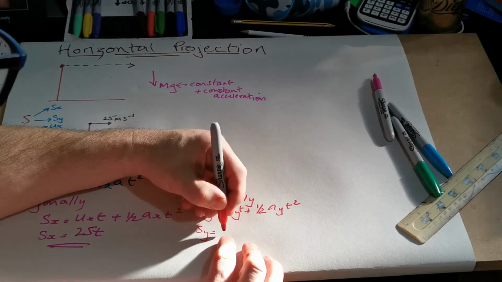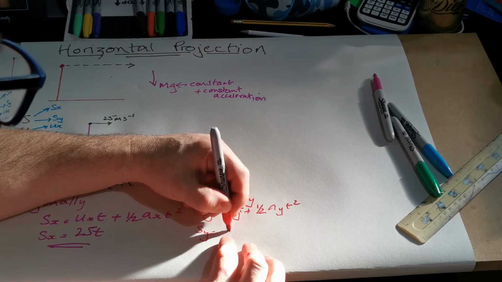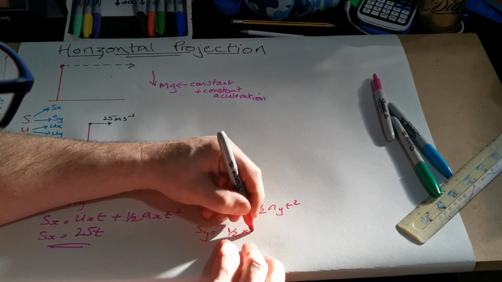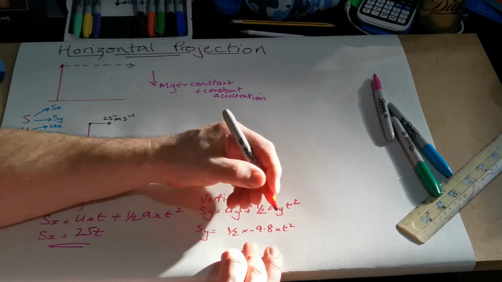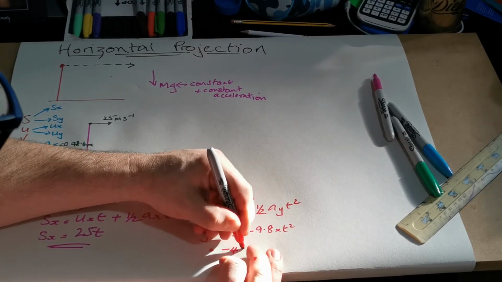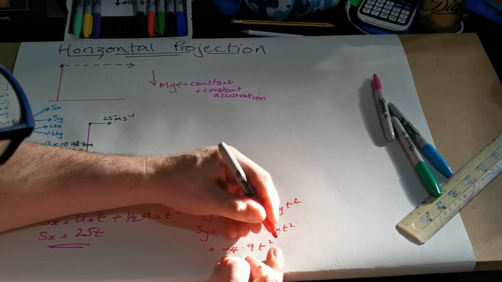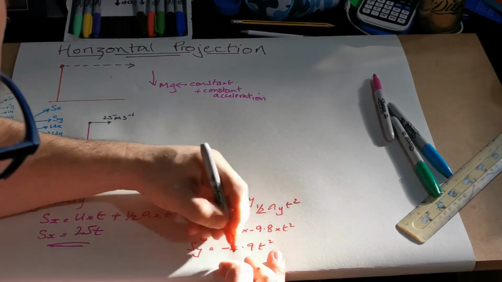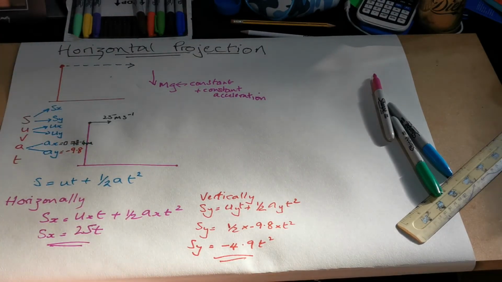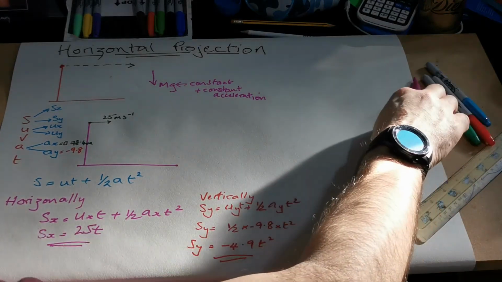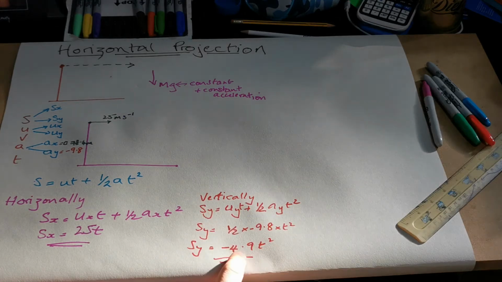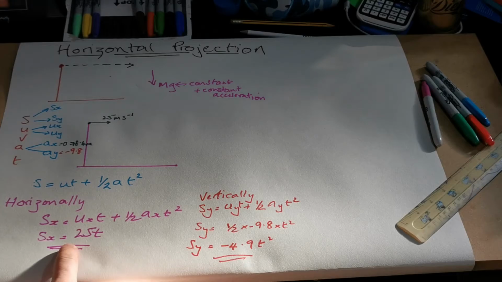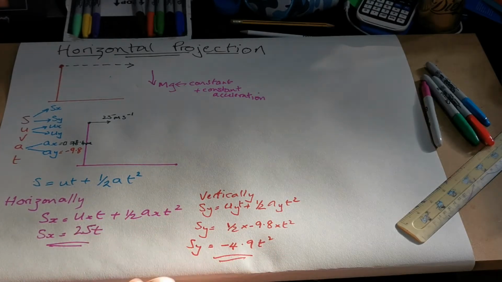So I've got a half times minus 9.8 times t squared, so that's minus 4.9 t squared. So that's how far it will travel vertically, and Sx equals 25t is how far it will travel horizontally according to time t.